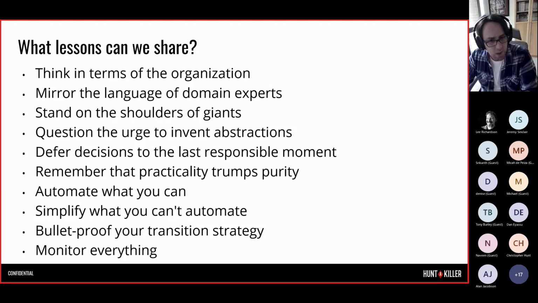So in domain-driven design, there's the concept of a ubiquitous language, a language that everyone from business analysts to domain experts to software engineers to users using the system all speak.